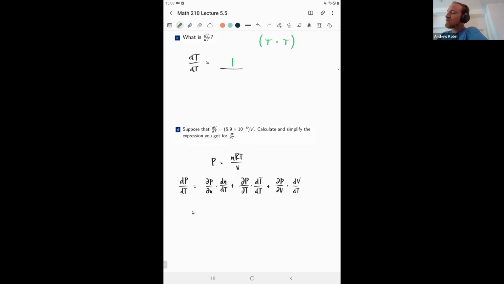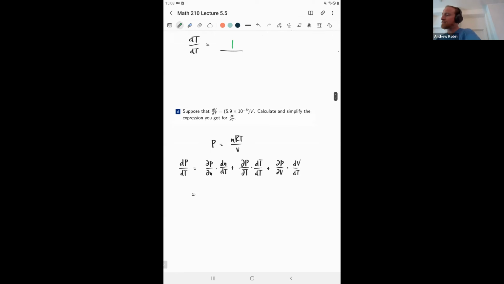So dv/dt, the rate of change, is just given by this constant, 5.9 times 10 to the negative 6, times whatever volume we currently have in the container. And this is the volume of gas. If we had a container that is made of glass, the volume would be taken up by the gas immediately, and the pressure would then change accordingly. But if we had a volume that was allowed to expand or contract, then that would be a different situation. So dv/dt is given by this formula.